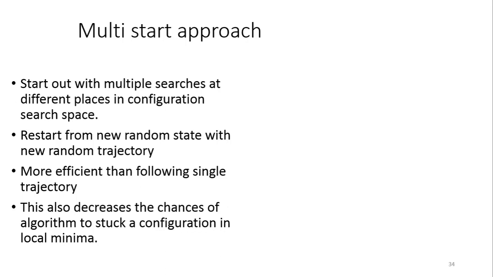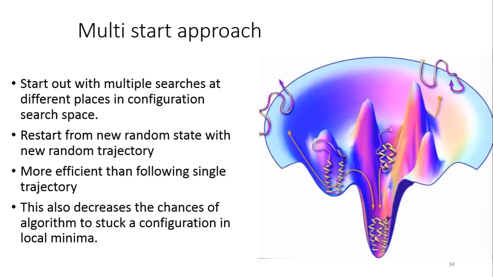This is exactly what we do in the multi-start approach in Monte Carlo searches. We restart from a new random state with a new random path. Instead of following a single path to reach the global minimum, we begin with multiple starting points, maybe something like this.